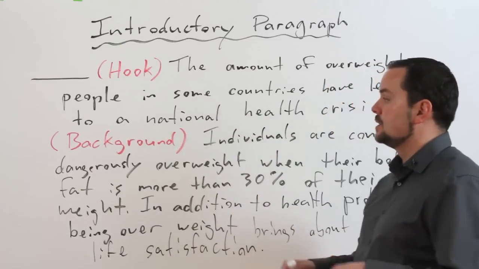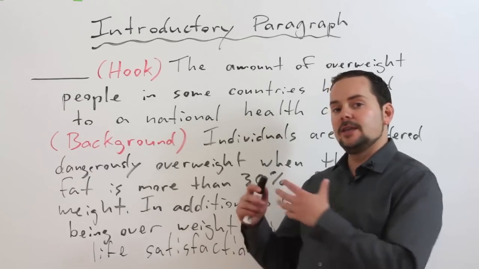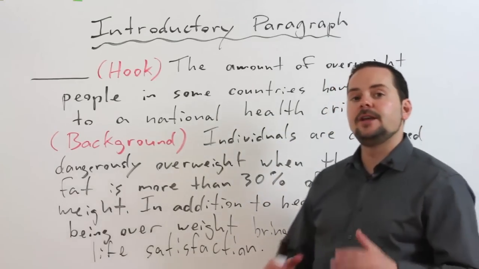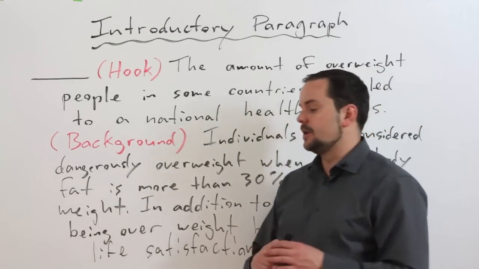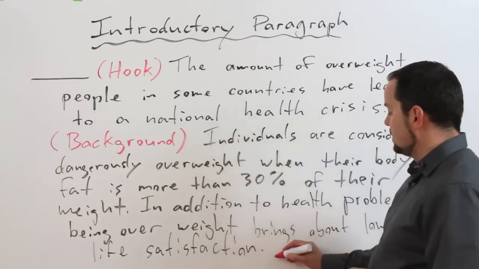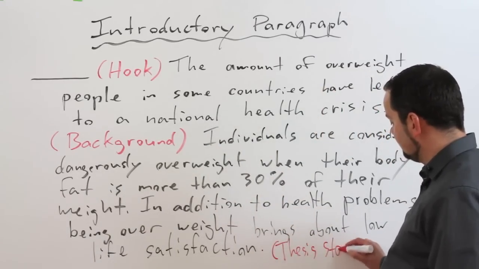So, of course, that was the final step in our planning stage. So we're simply going to take that thesis statement and put it at the end here to complete the introductory paragraph. So the final step here is the thesis statement.